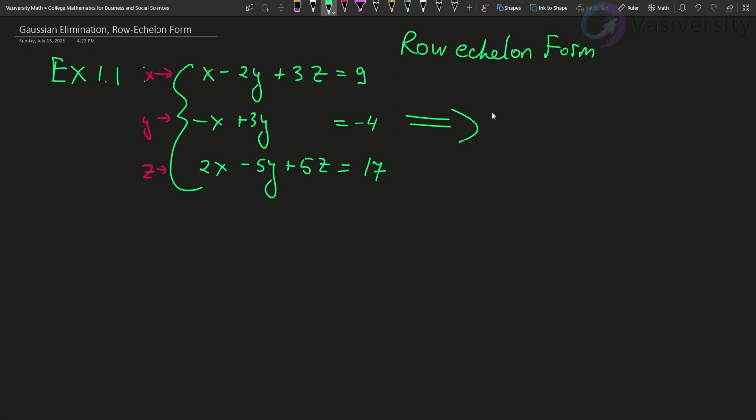Okay. If we want to write it in row-echelon form, we have to do the elimination such that at the end, we end up with this kind of system. Our first equation is x minus 2y plus 3z is equal to 9. Nothing really changed there. The second equation became y plus 3z is equal to 5. Meanwhile, the third became just z equal to 2.